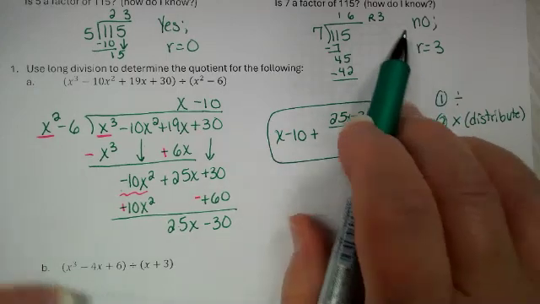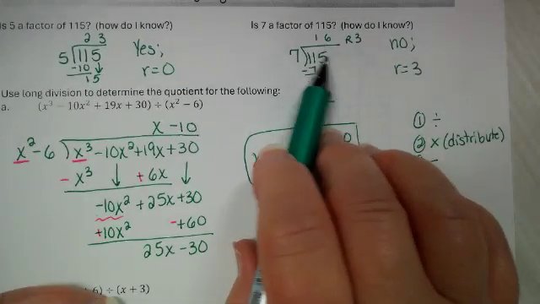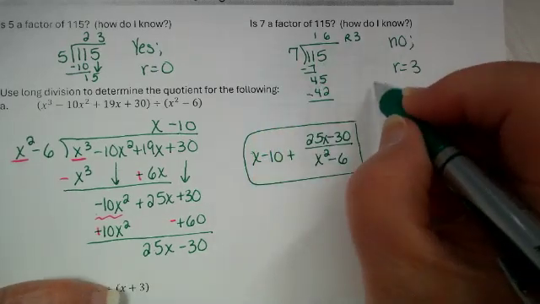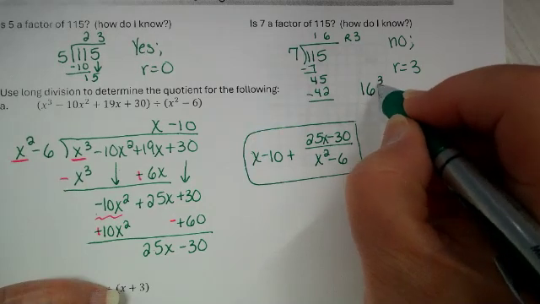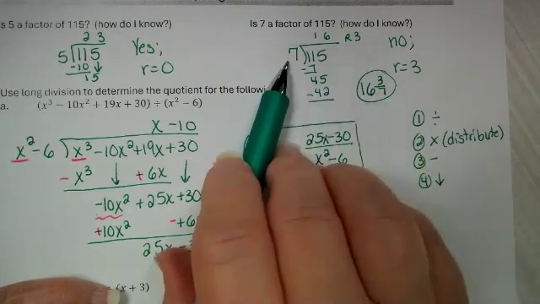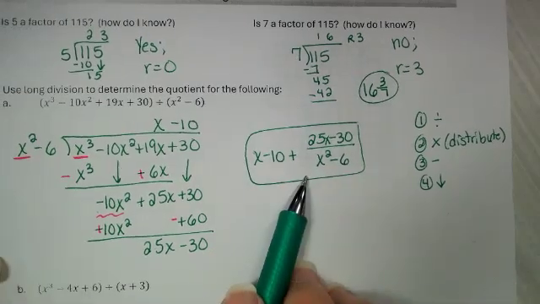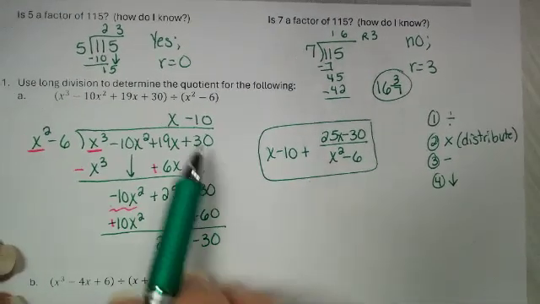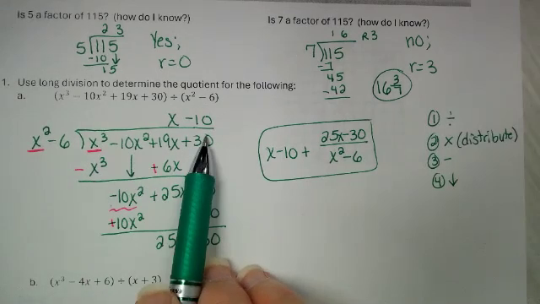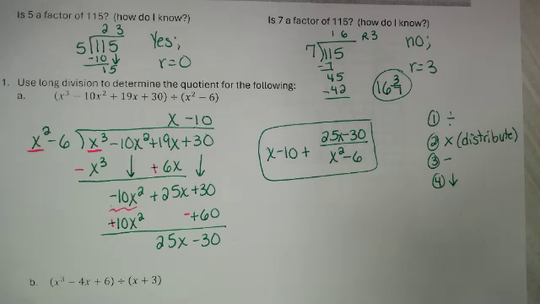So for example, up here, when we divided 115 by 7, we said it was 16, remainder 3. Another way to write that would be 16 and 3/7, your remainder over your divisor. And that's how we're going to write it. So if we asked, is x squared minus 6 a factor of this polynomial? We'd say nope. It has a remainder that's not 0.